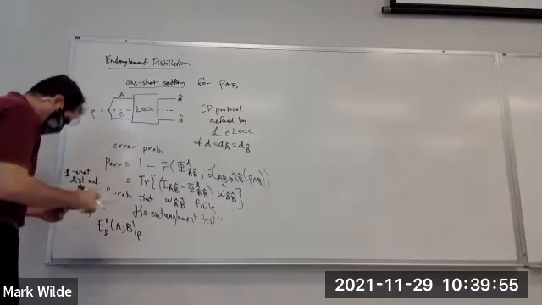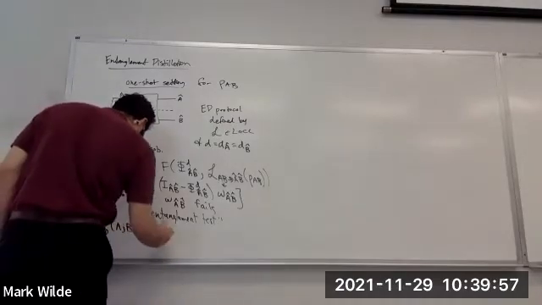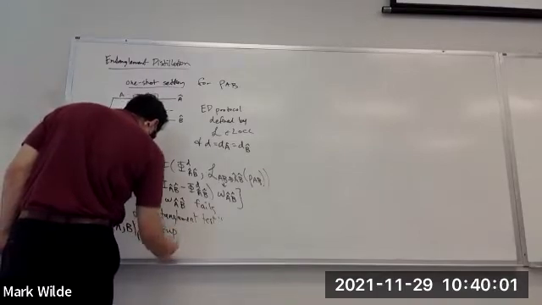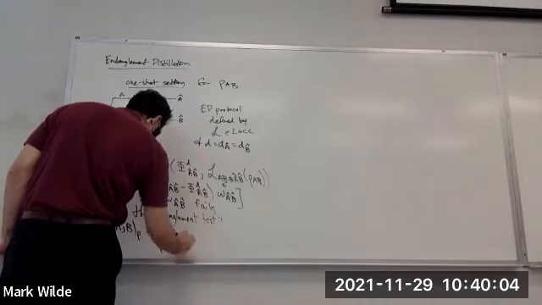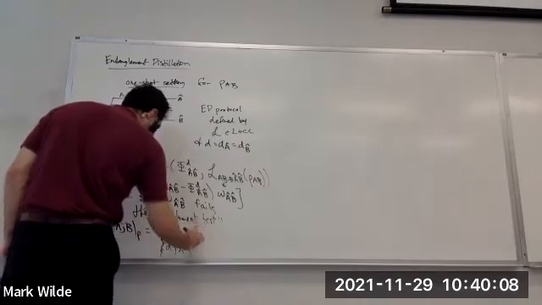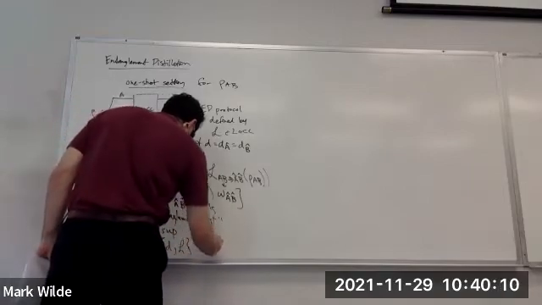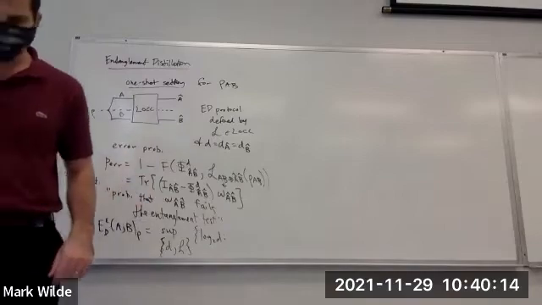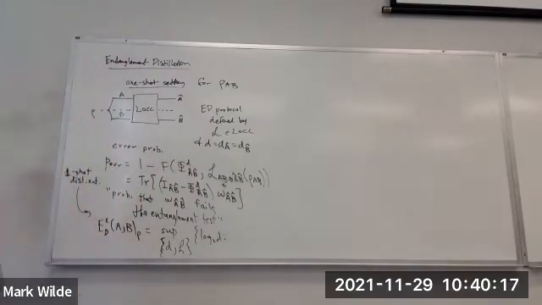How is it defined? It's the supremum over all dimensions and LOCC channels of the number of ebits, so log 2 of D is the number of ebits that you can extract.